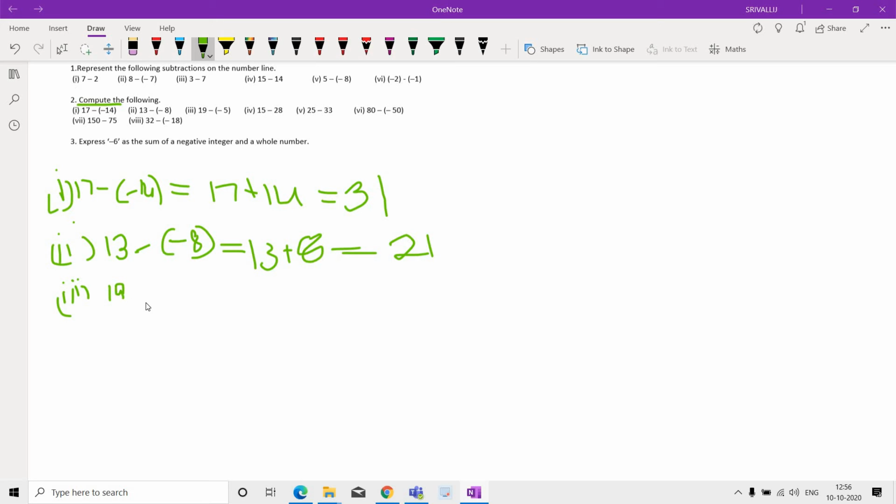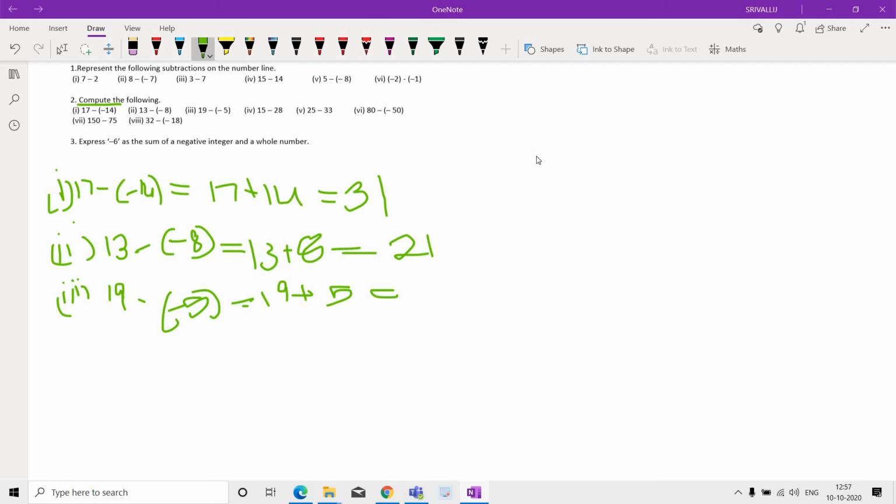So third one, 19 minus minus 5. This one is totally different from these. Please understand my problem. So 19 plus 5 equals, we know that 20 plus 5 is 25, but they gave 19 plus 5.